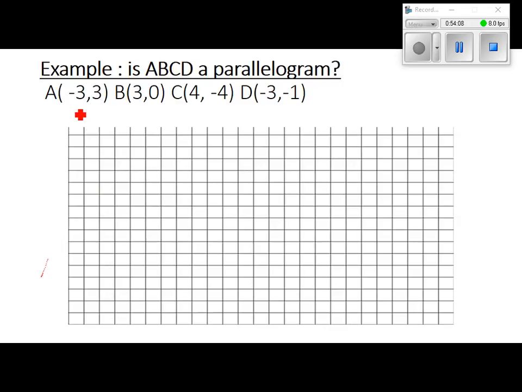All right, write this down. You're going to draw a little graph there on your paper, and we're going to do this problem.